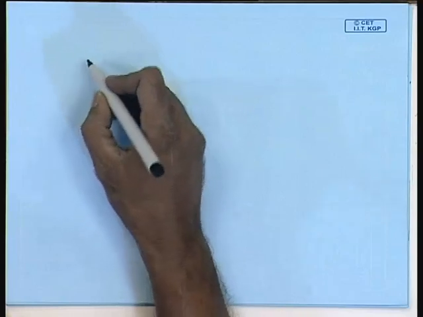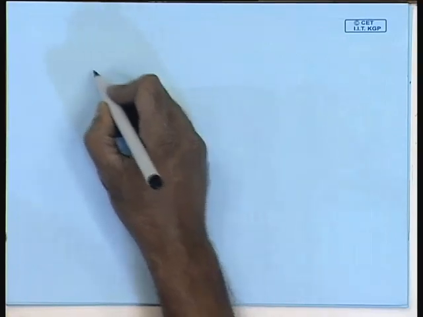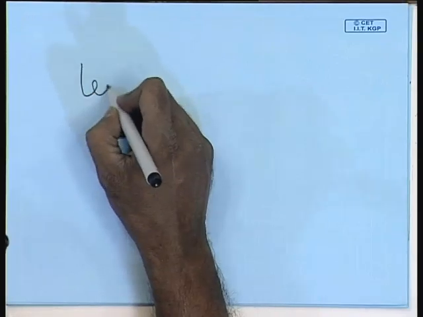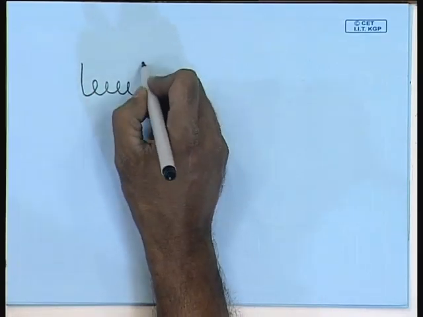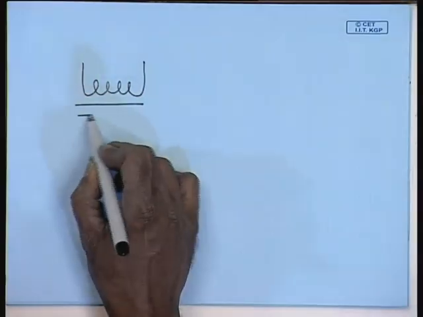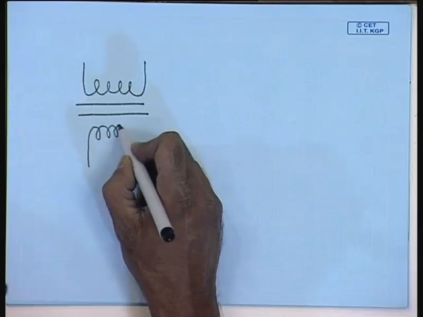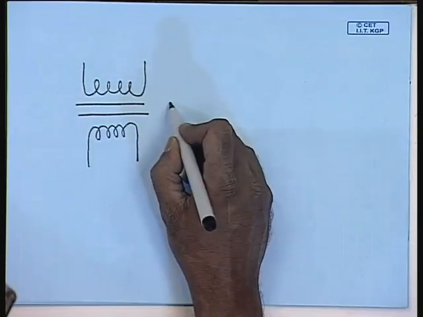So, this is my high voltage side winding, phase A, and this is the low voltage winding.